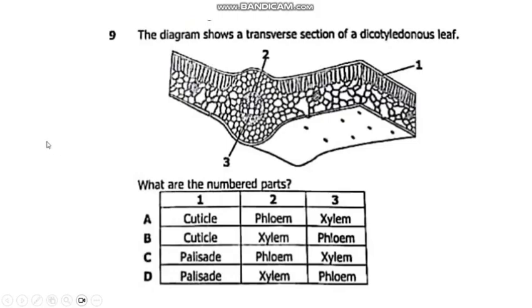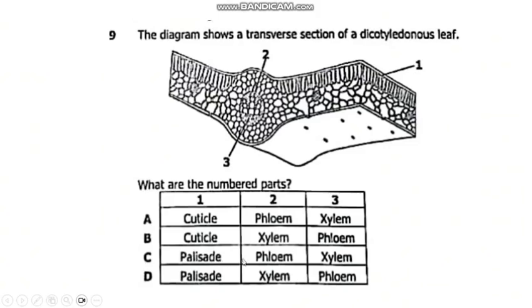We now move on to our question 9. So the question reads, the diagram shows a transverse section of a dicotyledonous leaf. So this is the transverse section of the dicotyledonous leaf, showing the parts 1, 2, 3. What are the numbered parts? A, 1 cuticle, 2 phloem, 3 xylem. B, cuticle, 2 xylem, 3 phloem.